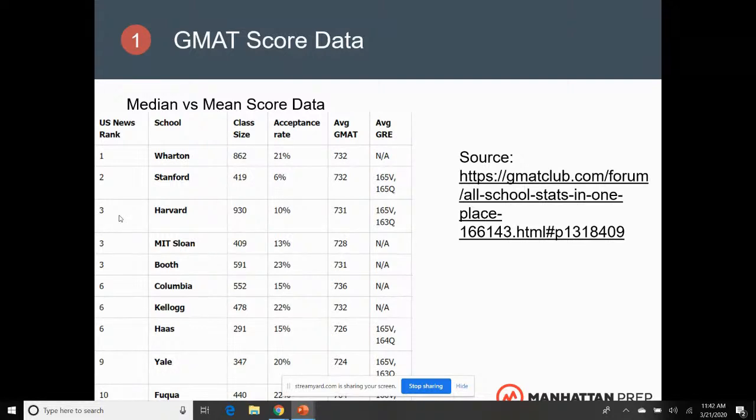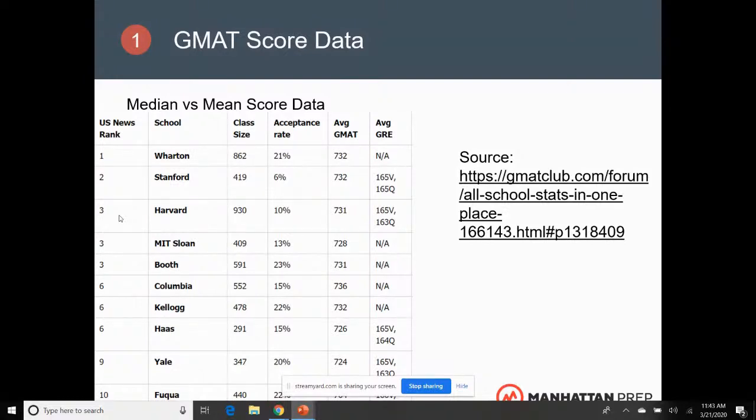So this is some information, lovely information from our friends here at GMAT Club. What do you notice about these average GMAT scores? And Munil, doesn't a quote-unquote good GMAT score depend on your profile?